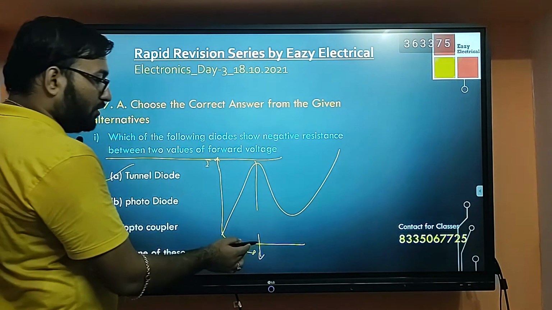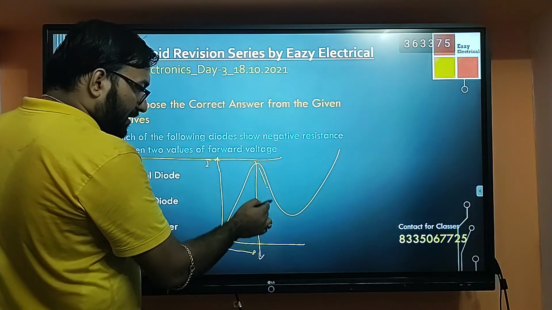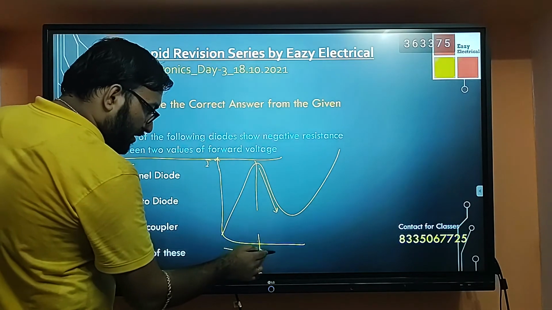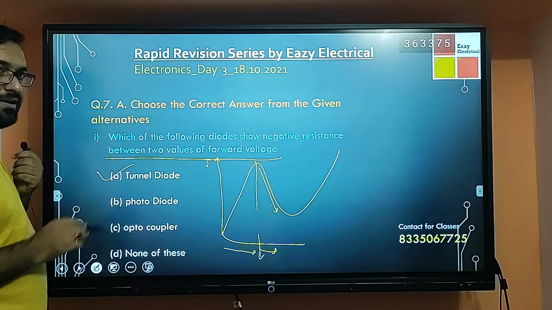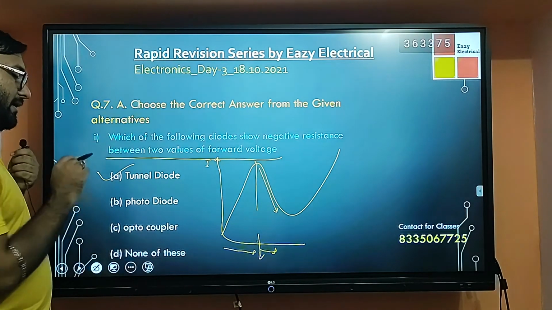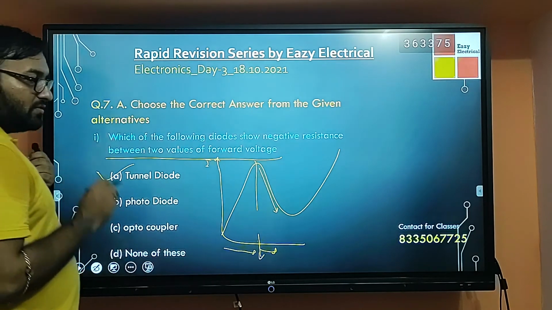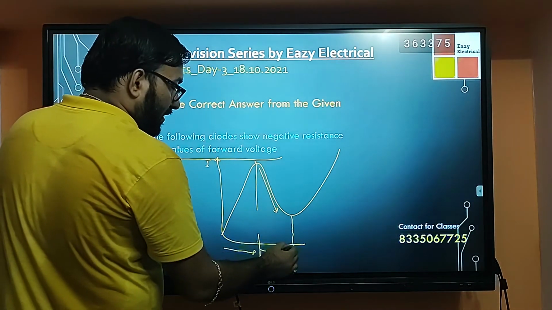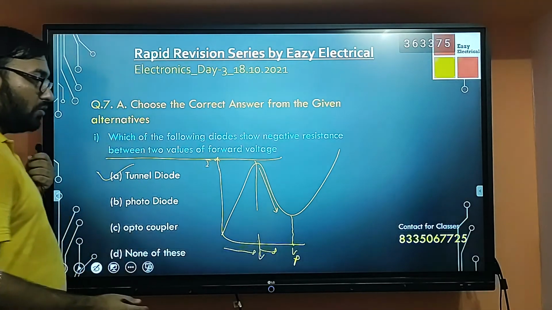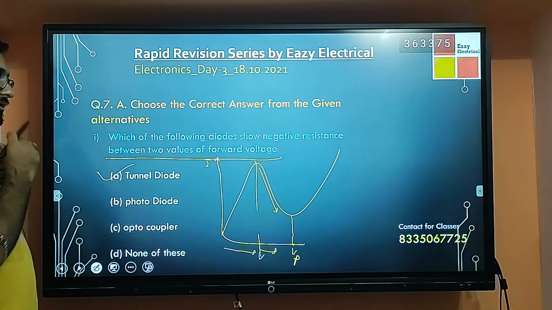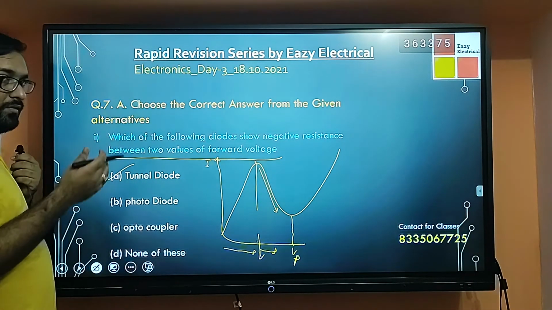But after a certain voltage, there is a decrement in the current. With an increase in voltage, there is a decrement in the current. So there is a negative resistance region that can be observed in the case of a tunnel diode, and because of this we obtain a valley point here. So a negative resistance characteristic in the forward voltage.